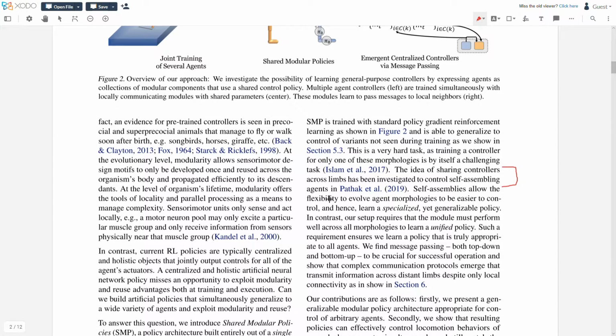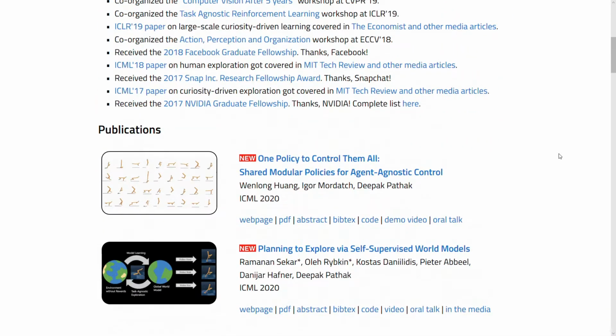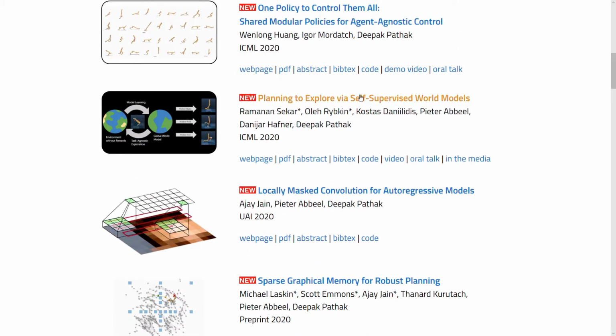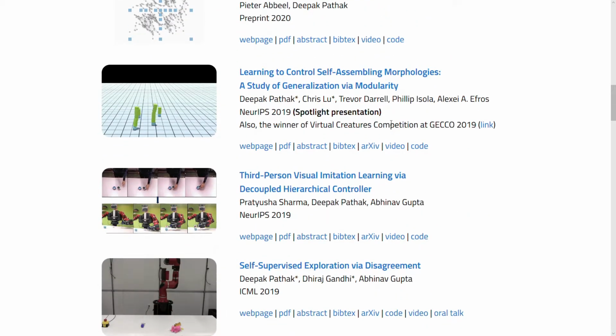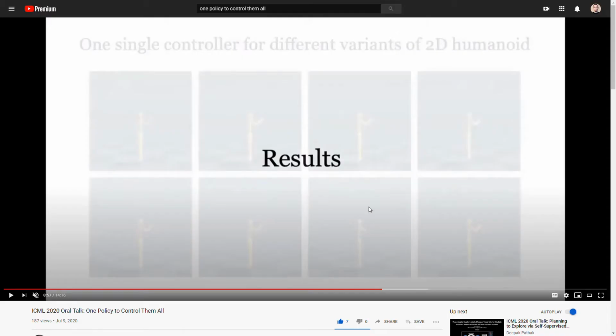If we want to know more about how this idea comes from, we can visit Professor Bongard's website. And we can see the keywords here are self-supervised, self-assembly, and curiosity-driven. So those are all related ideas.